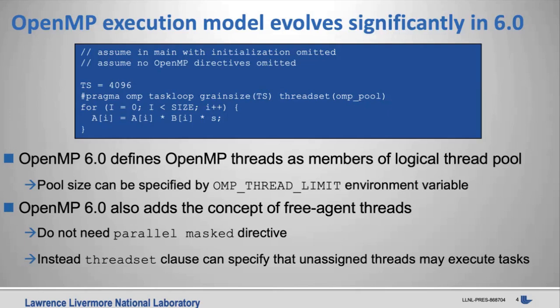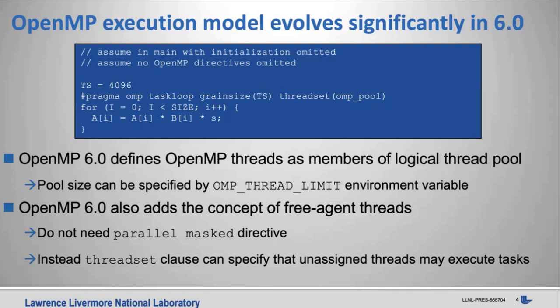The structured threads are those that are assigned through a parallel region to a team that's executing a parallel region. In this case, the only thread assigned to a parallel region is the initial thread that's executing the entire program. And so all of the other threads in the pool are available to execute those tasks, as well as that initial thread.